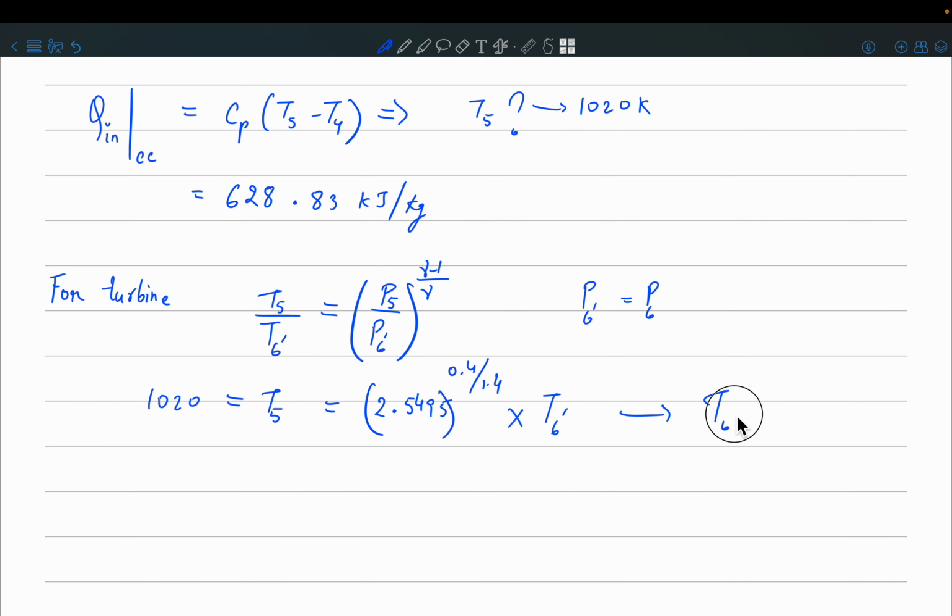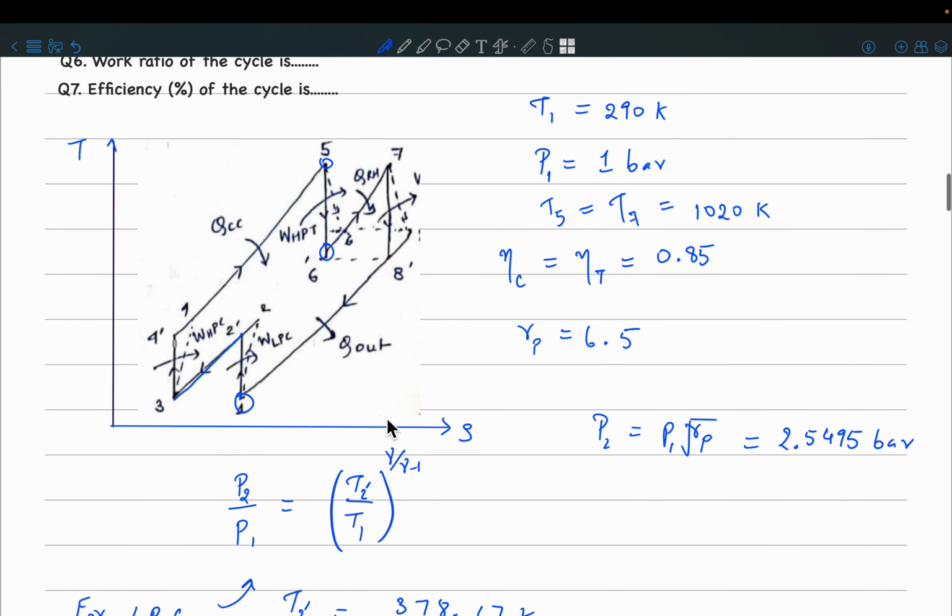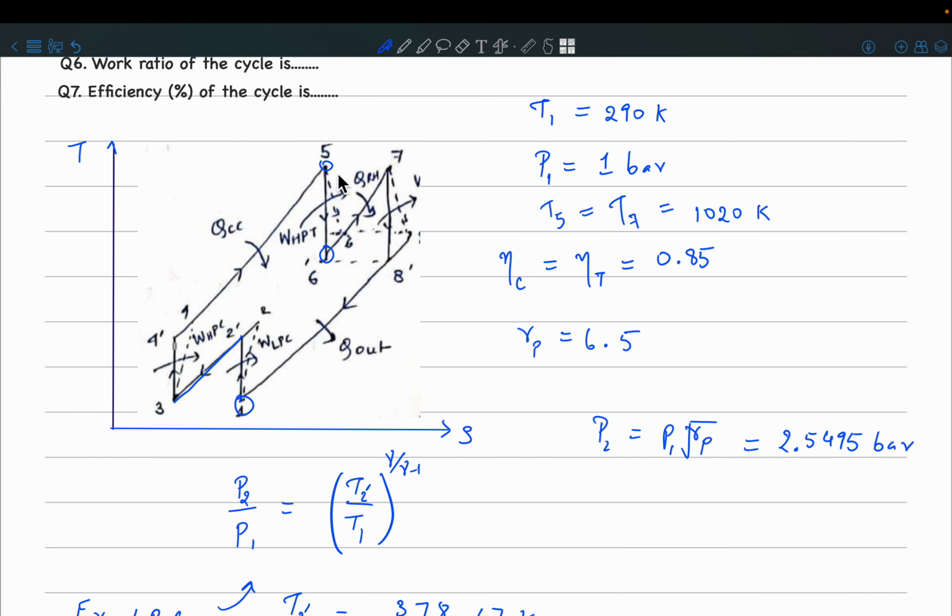So T6 prime is basically equal to 781.19 Kelvin. So how did we get this value P5 by P6 prime? In an ideal case, the pressure ratio across the high pressure turbine will be the same as one stage of the compressor, and that is what we got here from the root of Rp.